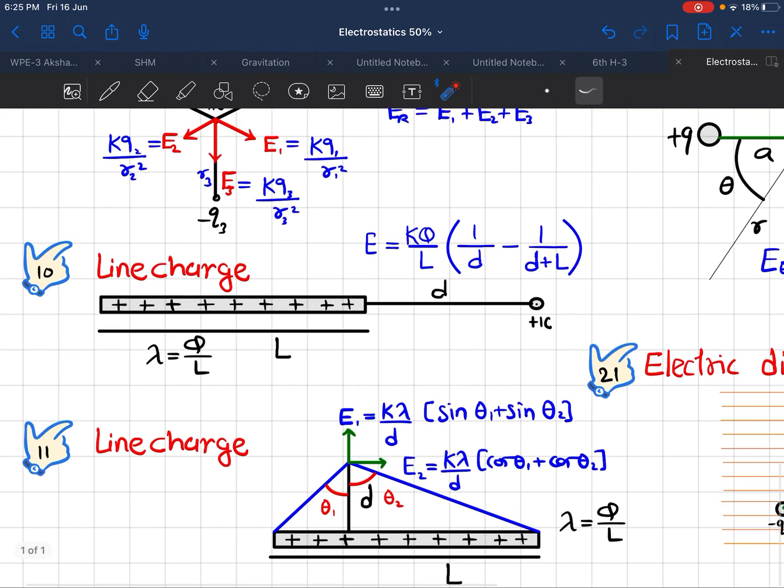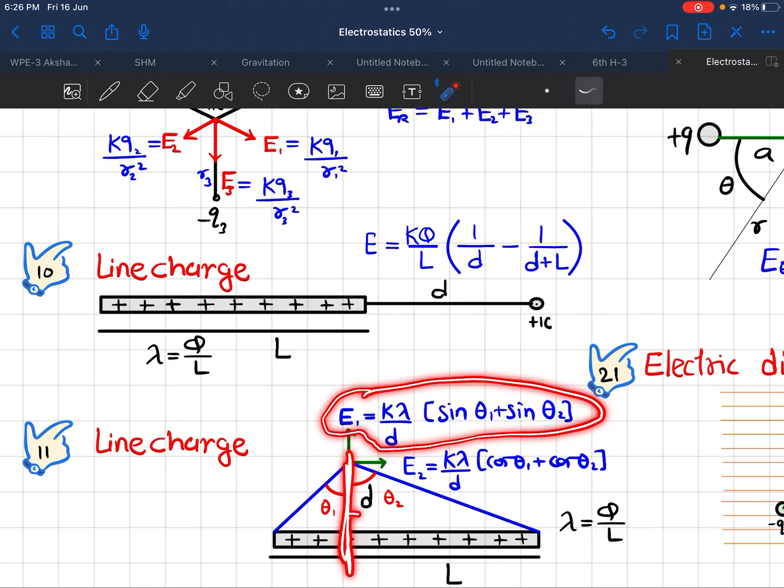Now if we have to find the electric field intensity of a line charge at a point sideways to the line charge, then we will have two components of electric field. The first component is perpendicular to the line charge, and the second component is in the direction of the line charge.